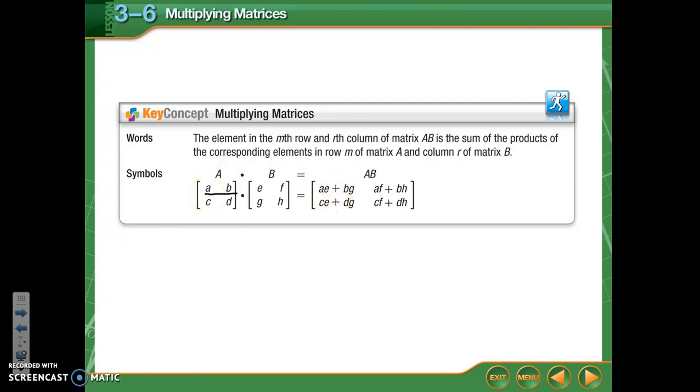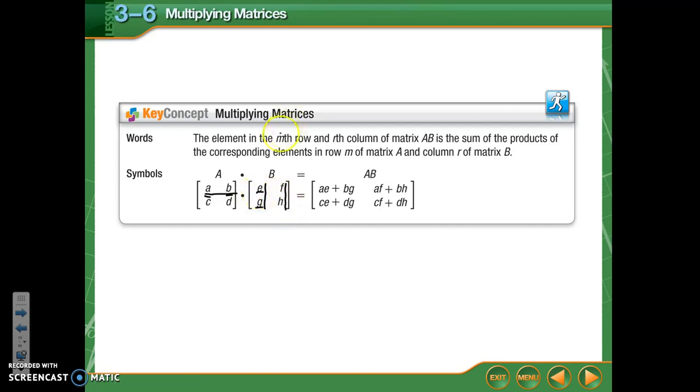That comes from the first row of A and the first column of B. What I do is take A times E, that goes here, plus B times G, and that goes here. That gives me my first number. Then I repeat and do the first row, second column, and that's going to go in the first row and second column of my resulting matrix. So I do A times F, that's right here, plus B times H.